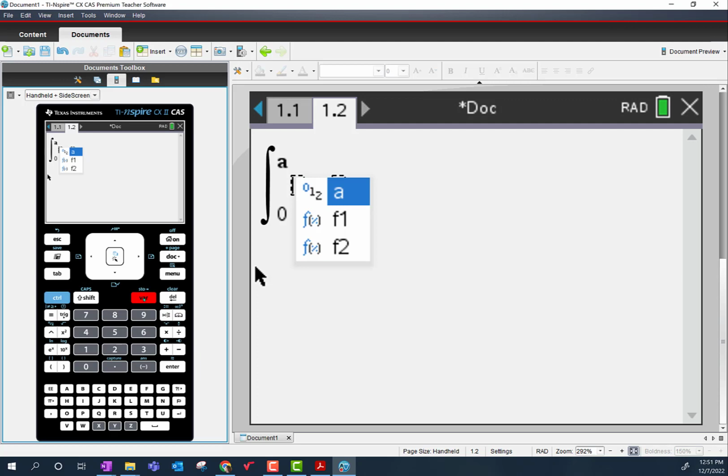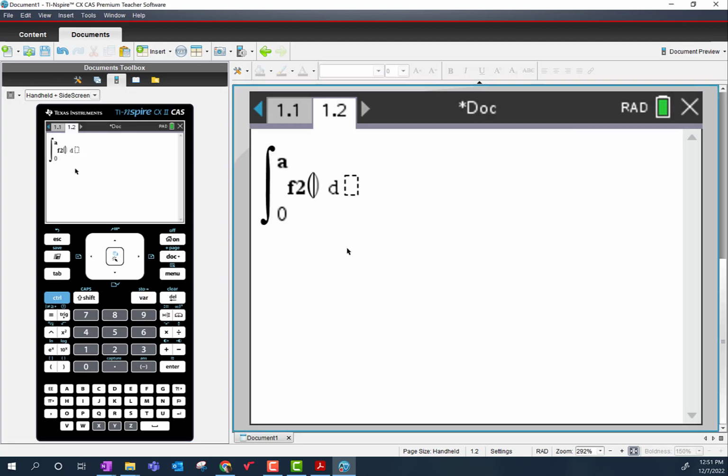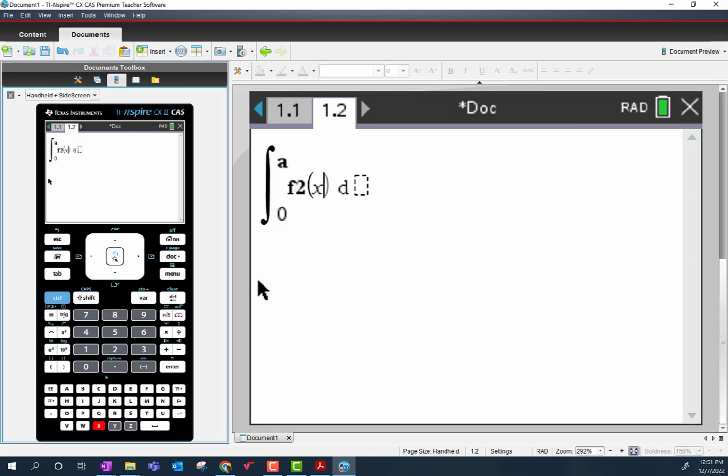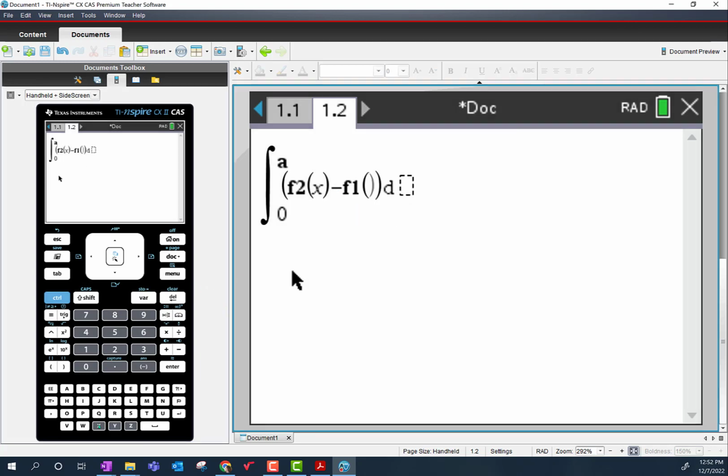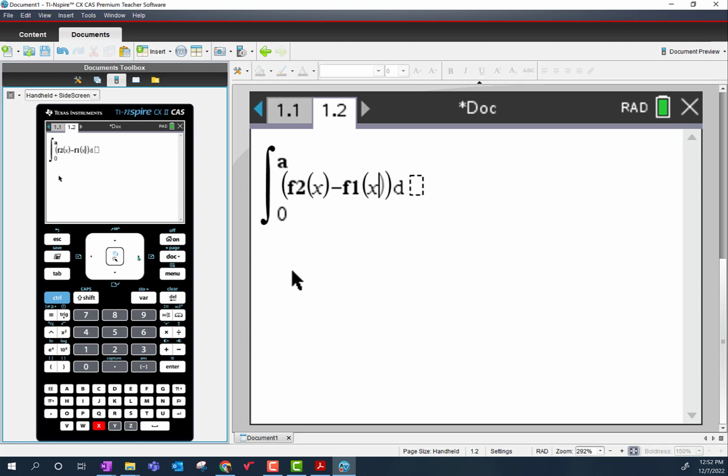And we said that I put G in as F2, so it's going to be F2 of X minus, and again, I'm going to go to where my variables are stored, VAR, F1, which is where F is housed, of X, and that's dx.